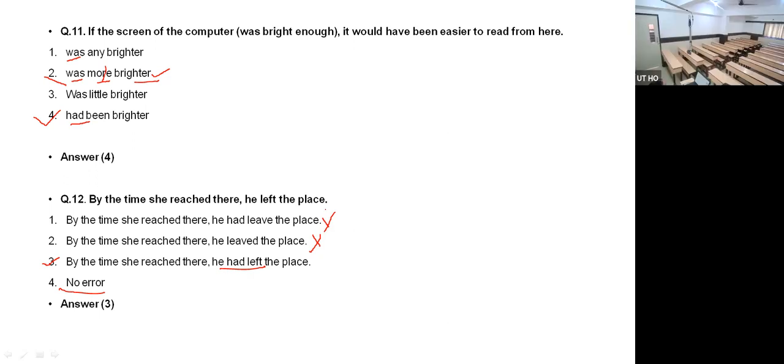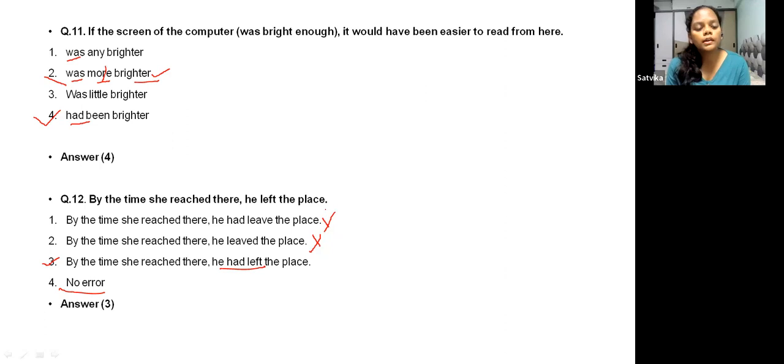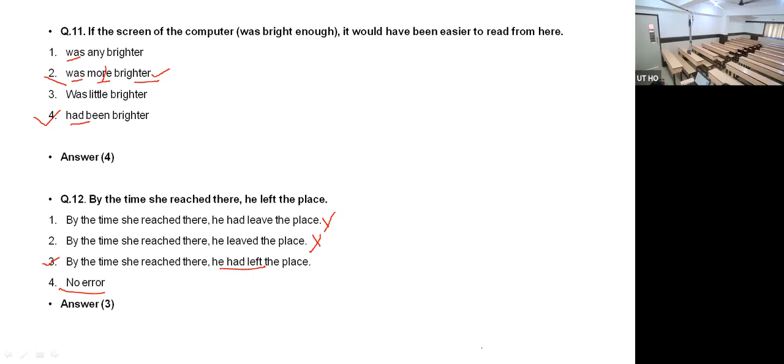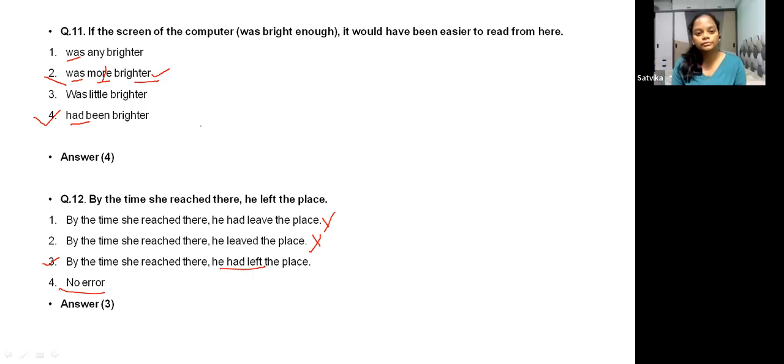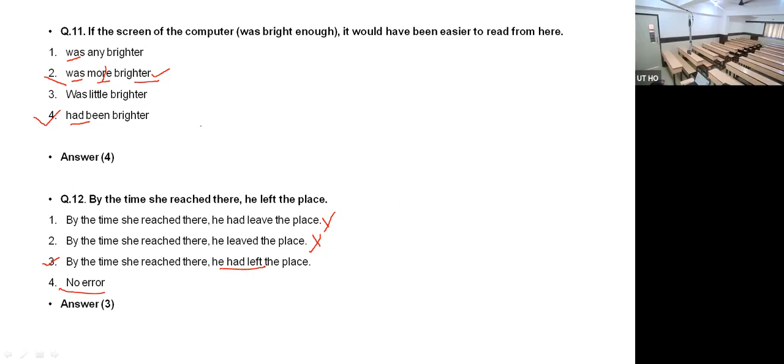Here we don't have the were option, so we'll go with had been bright. If we had an option were any brighter, would that be better? That depends upon if you have another option which is better than that. If you don't have any other option which is better, then you can go.